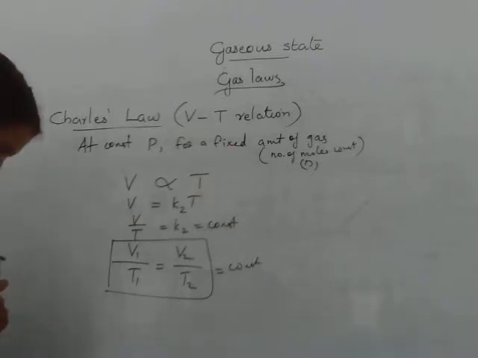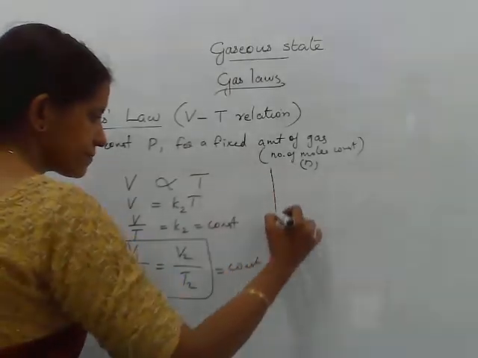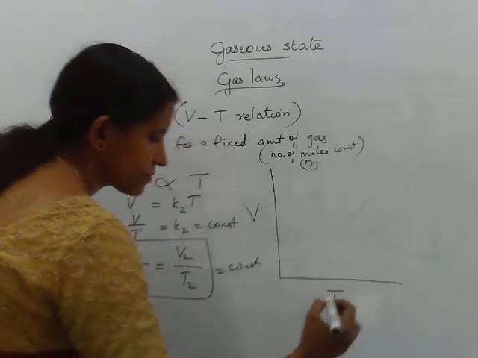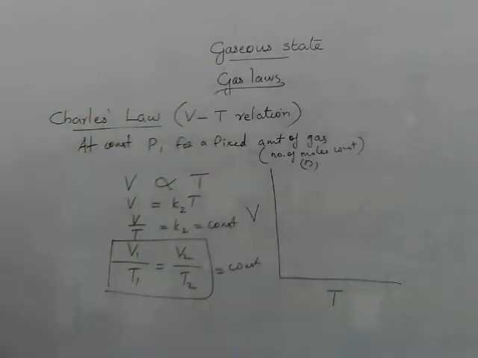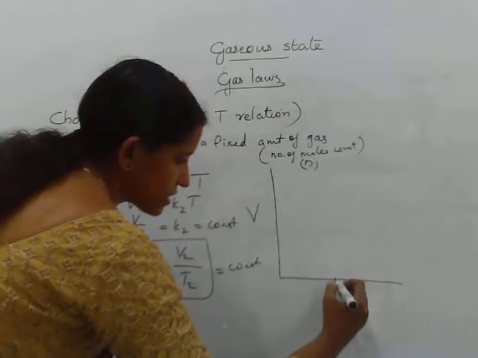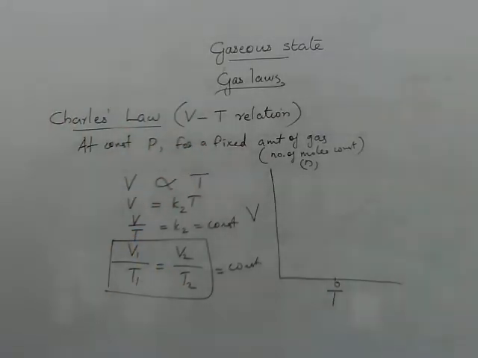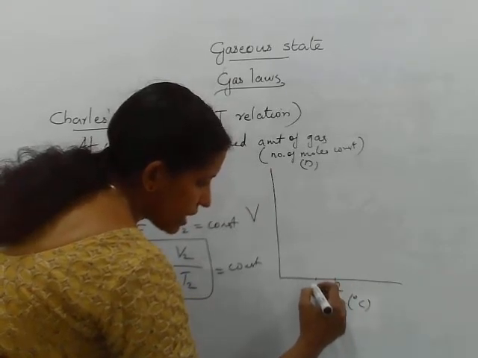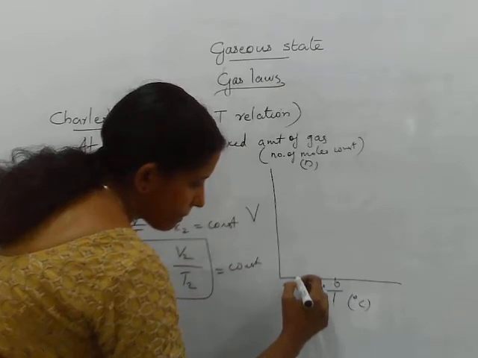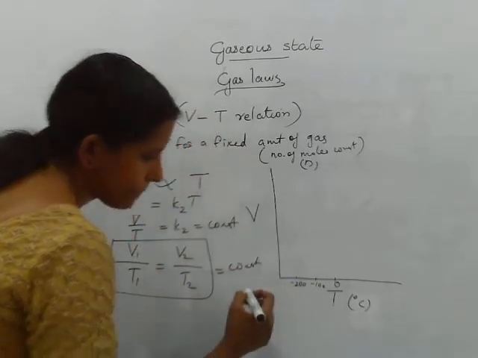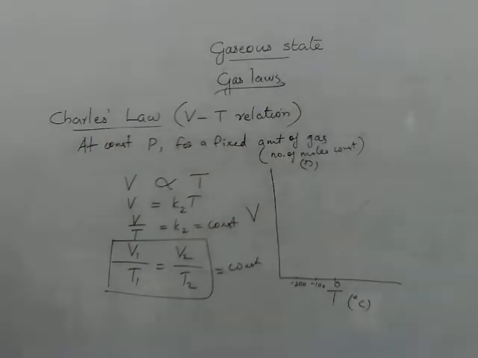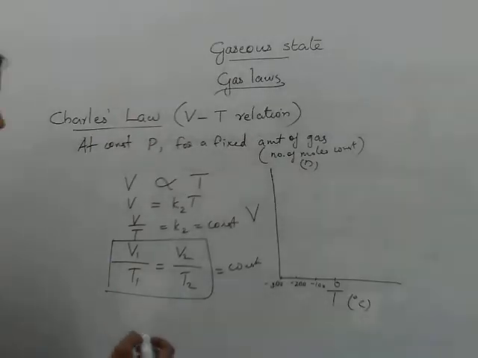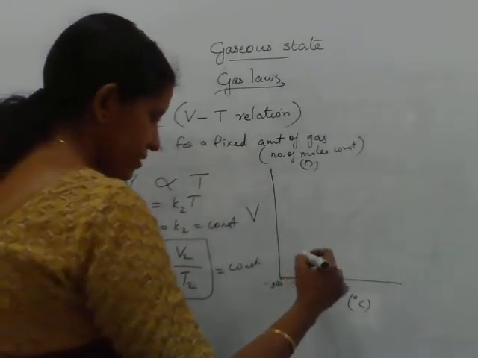Charles' law can also be represented graphically. If you plot volume against temperature, on the temperature axis, this is 0 degrees Celsius, temperature in degrees Celsius, and I plot it as 0, minus 100, minus 200, minus 300, etc. We get a straight line graph here.